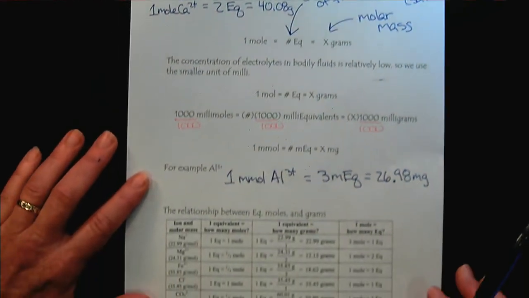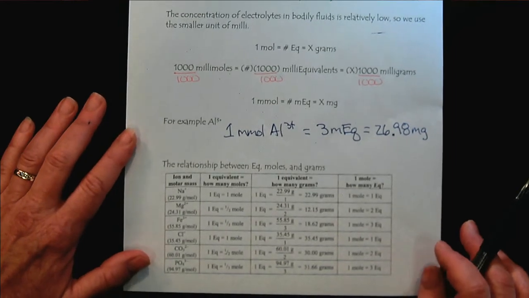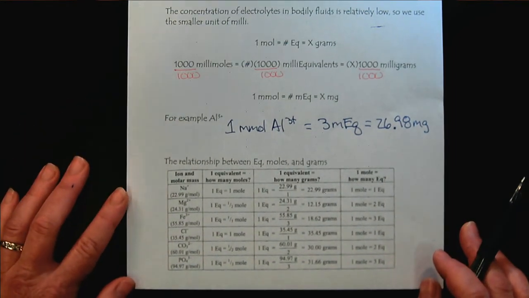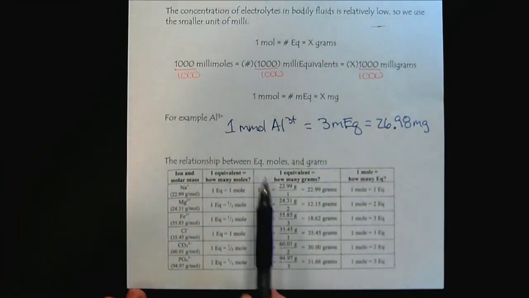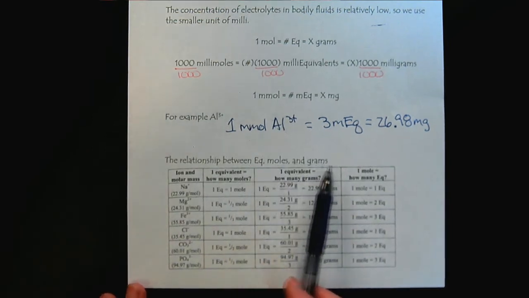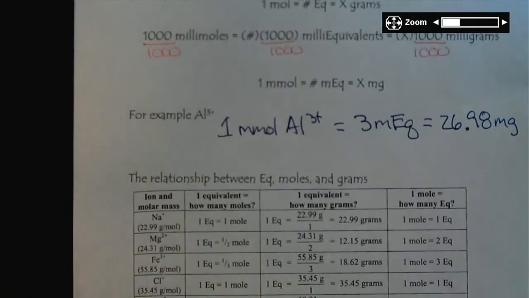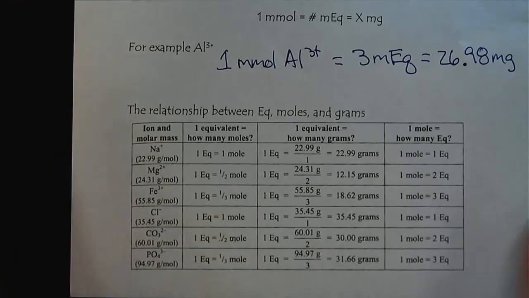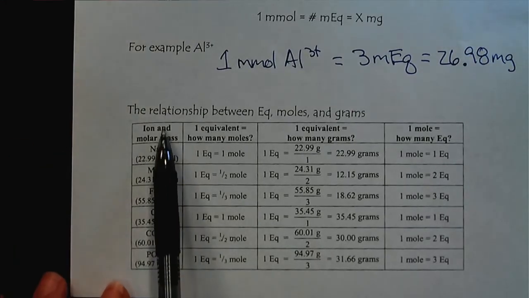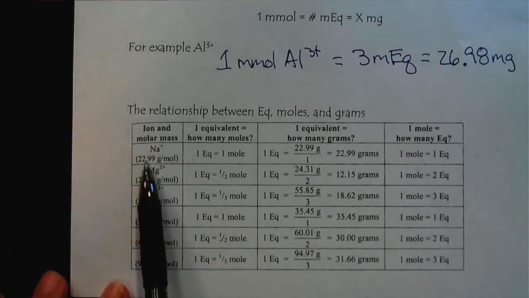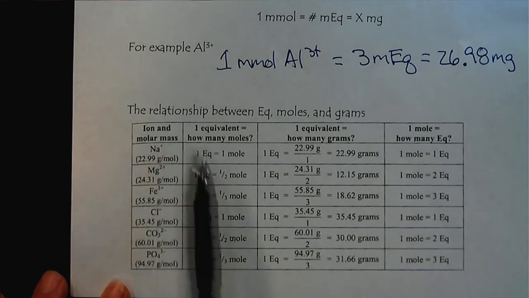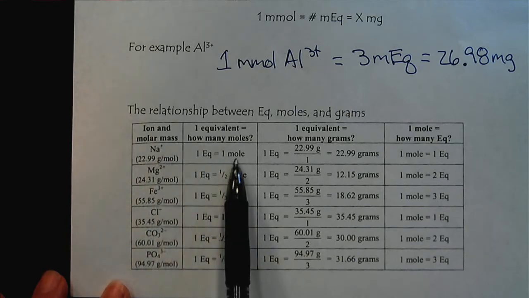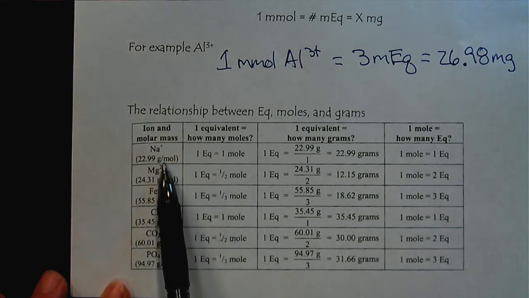Alrighty, so here's a table that provides, I think, a good summary of the relationship between equivalents, moles, and grams. I think I might try to zoom in a little bit right here. Okay, there we go. So here we have the molar mass, for example, of sodium with the +1 charge. 1 equivalent equals 1 mole, and 1 mole equals the 22.9 grams.